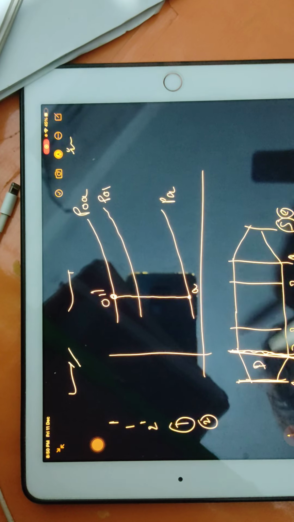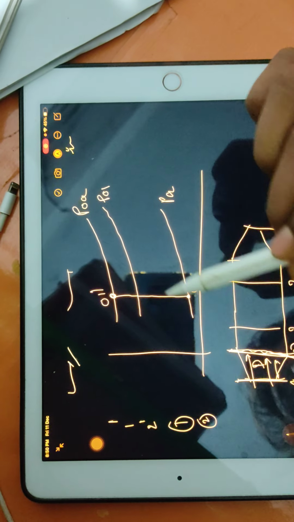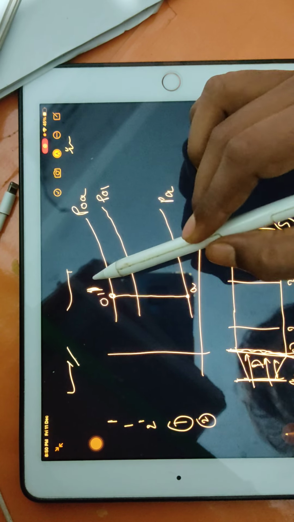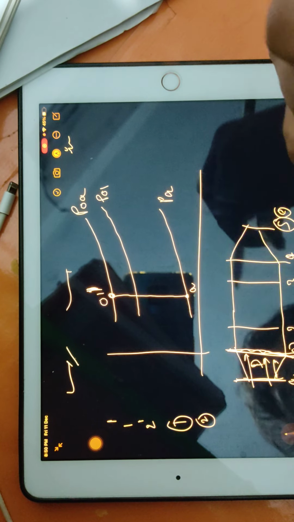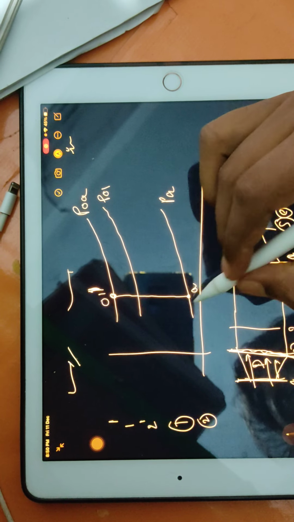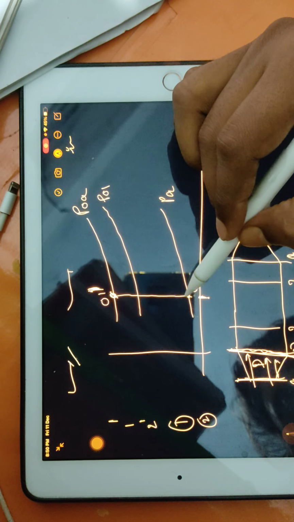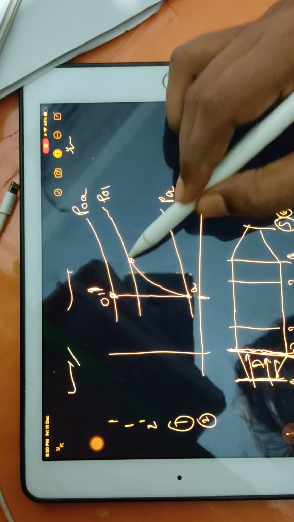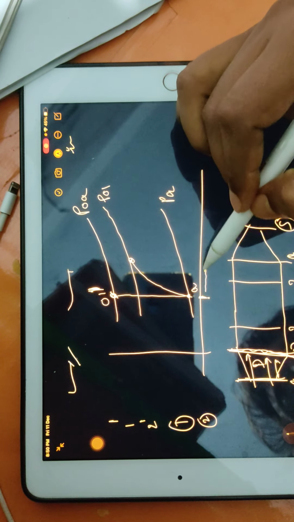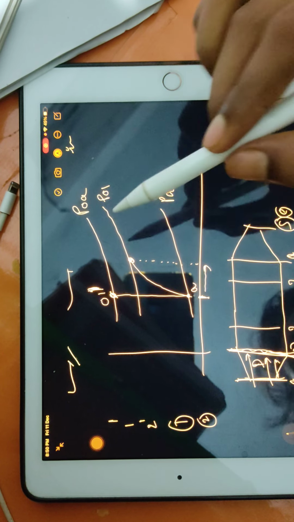That is the end point of the diffuser, meaning the gases have reached here. But I put dash because I have considered the ideal case. This straight line is for the ideal case because entropy will be the same. Whatever entropy is here, the same entropy will be here. But in the irreversible case it will turn like this, because entropy will increase somewhat, so you get a new entropy.